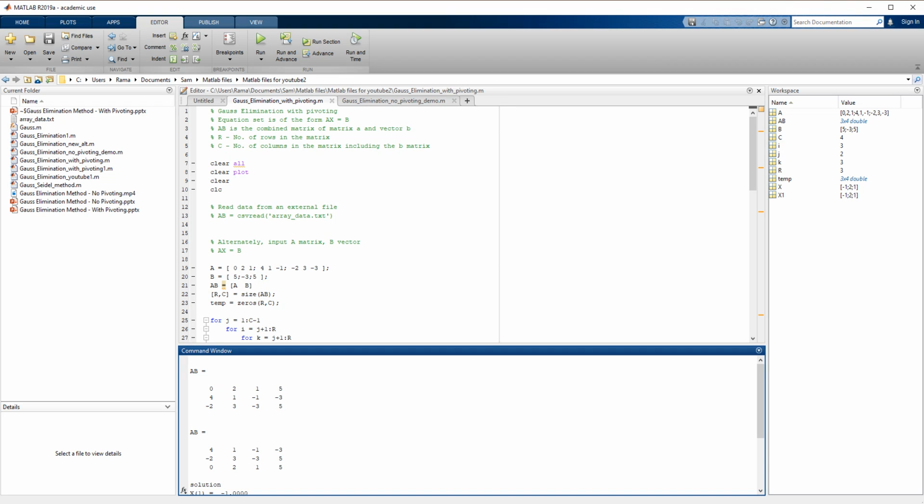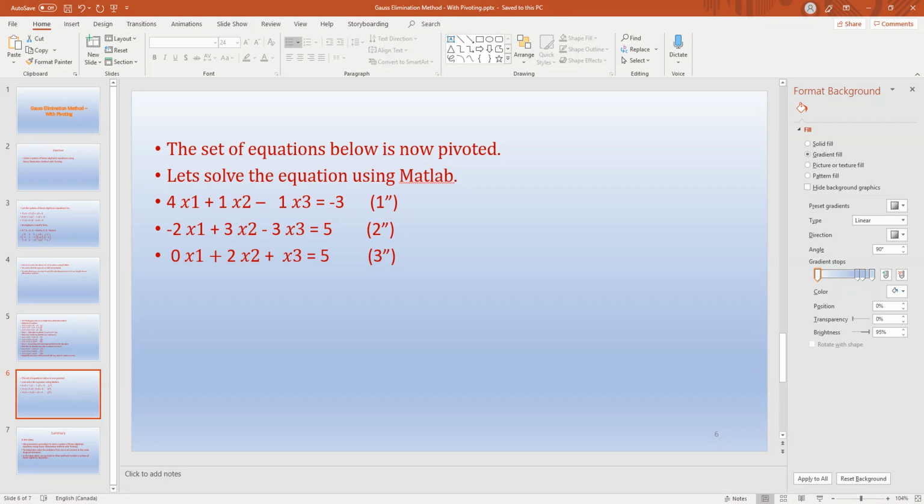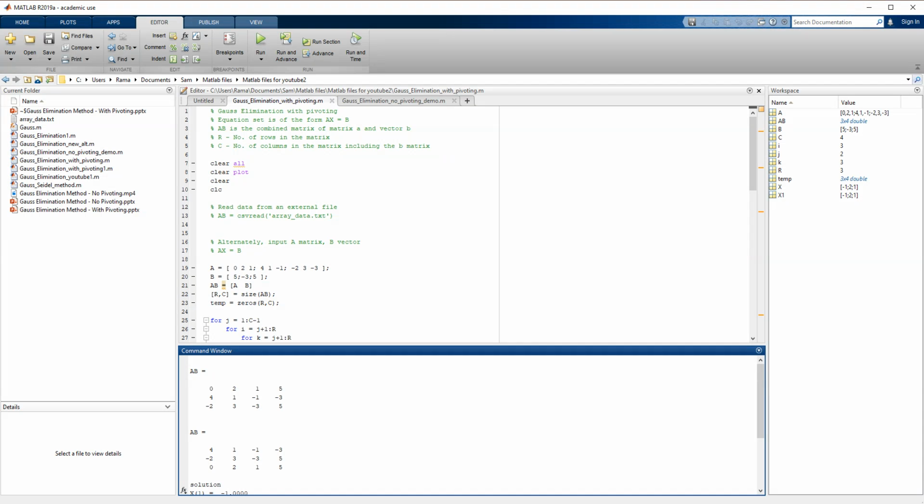Once it is pivoted, we rearrange the set of equations in this form, which is like here, 4, minus 2, 0 on the first column. And once it is arranged in this fashion, we can use the Gauss elimination procedure which we have used, the simple one.